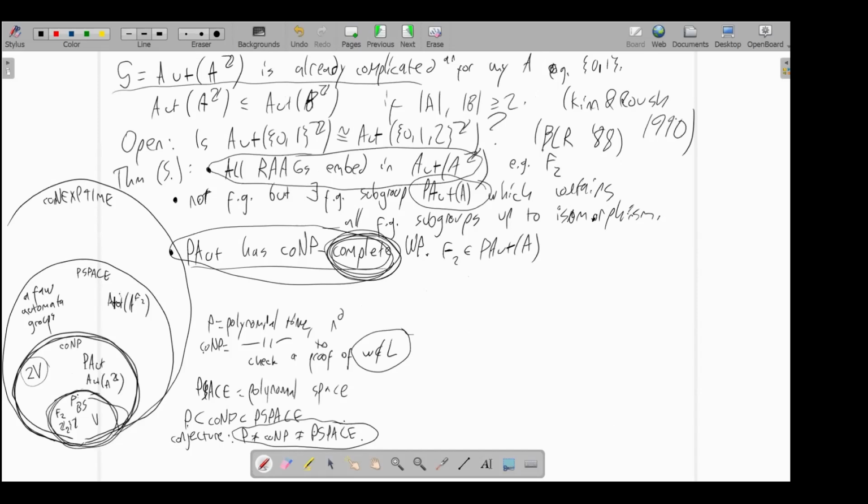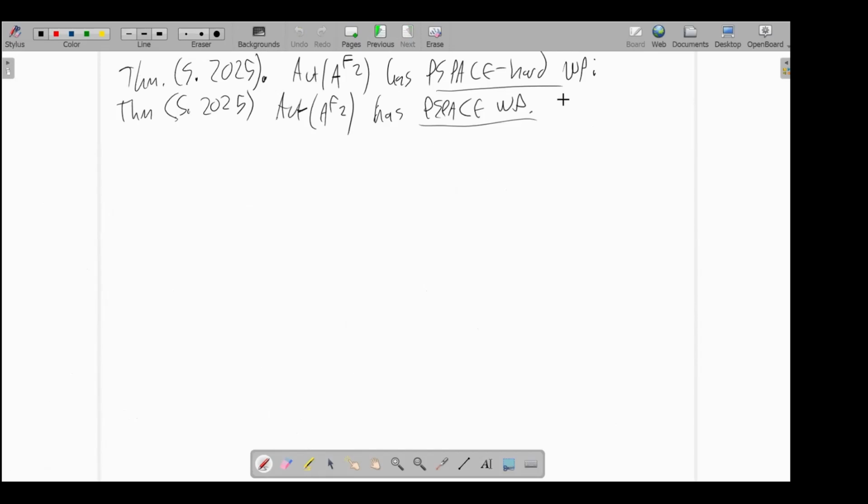But then Sebastian was asking me if maybe this guy lives even higher, for example, in co-NEXPTIME. And my next result was that actually it is in PSPACE, so we cannot get more mileage from complexity theory. And this proof is kind of interesting, or at least it uses an interesting property of F2.